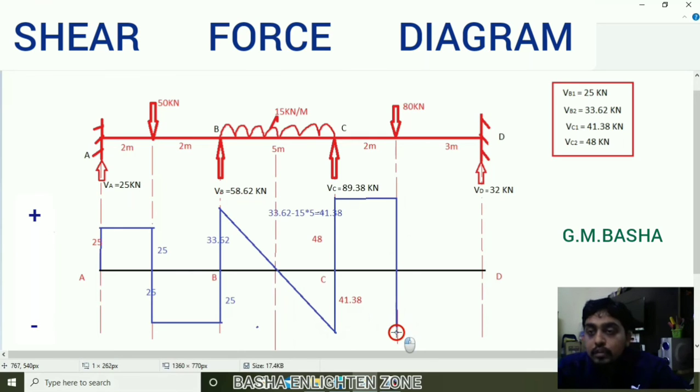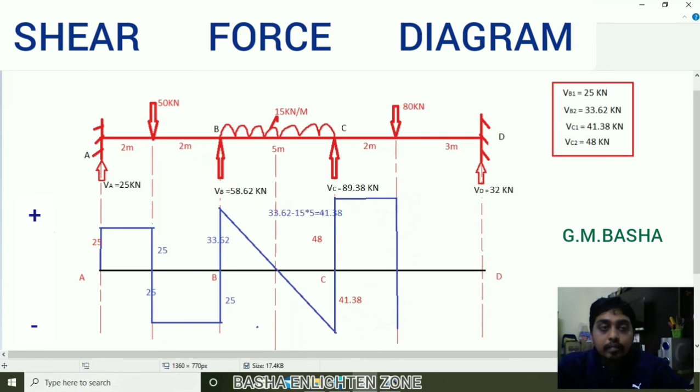How much will it be? Your VC after drawing the 80 kilonewtons, upward 48 minus this one. 80 minus this 48, you will get this downward value, which is the VD value, 32 kilonewtons.